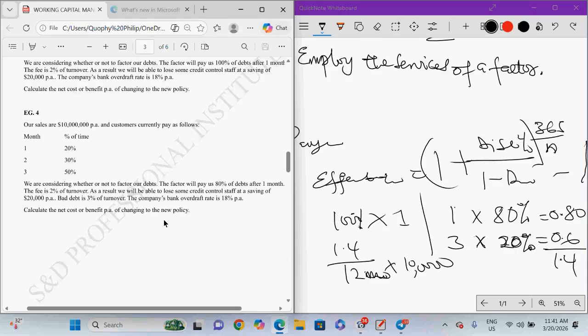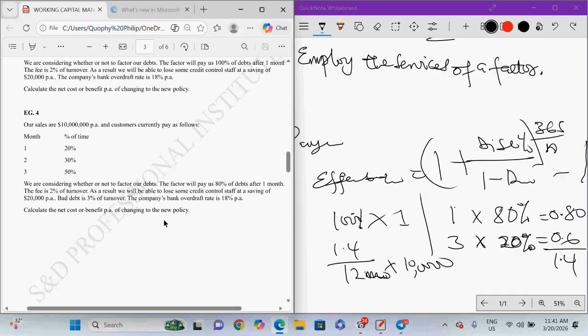As a result of hiring a factor, we have hired a factor to collect our debt for us. So we know that once we hire the factor, they would insure against the bad debt. So there will not be any bad debt because we've hired a factor. Do you remember the non-recourse factor?